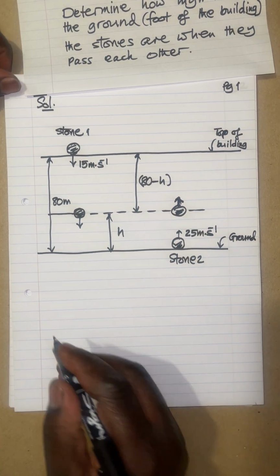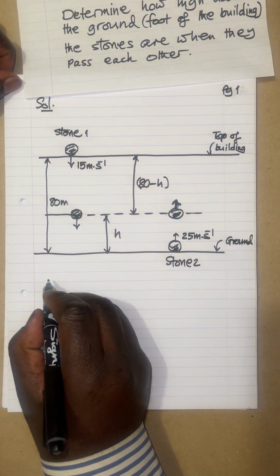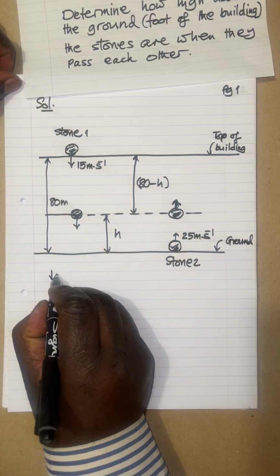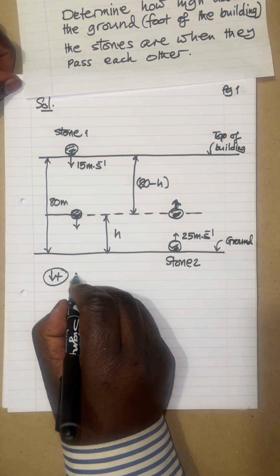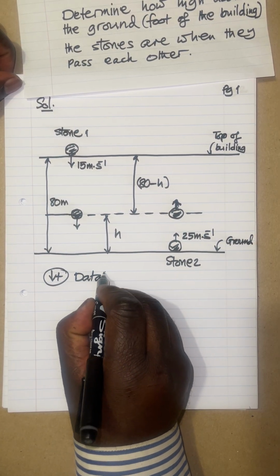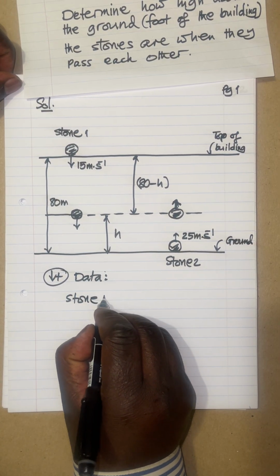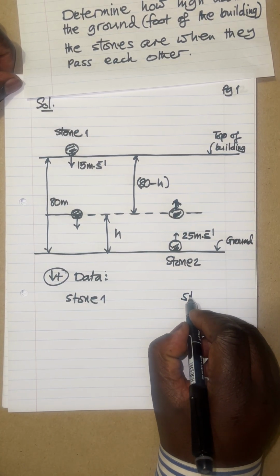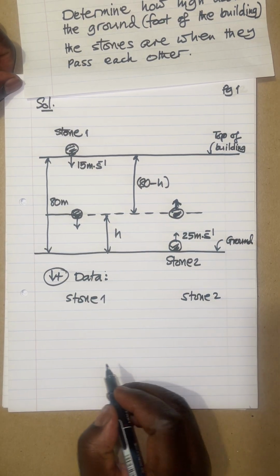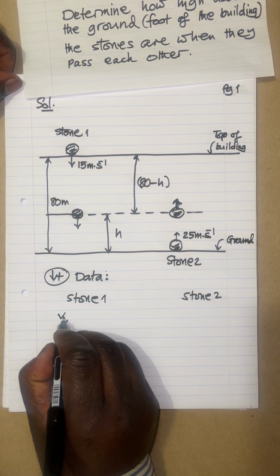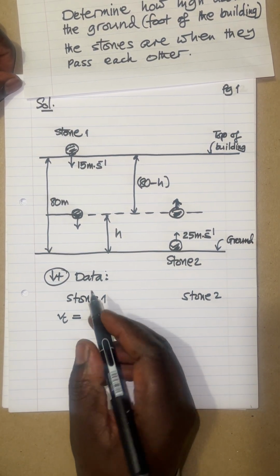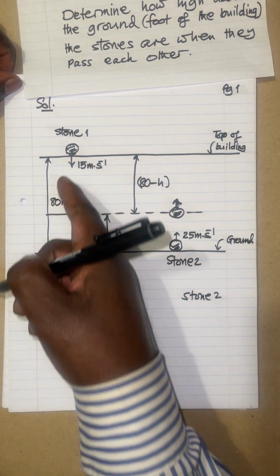So let us list down data then. I'm going to say now, taking down as positive, let me have data here. And I'll have stone 1 here, and I'll have stone 2 there. Do we know initial velocity? Yes, for stone 1, downwards is positive and the stone 1 is going down.